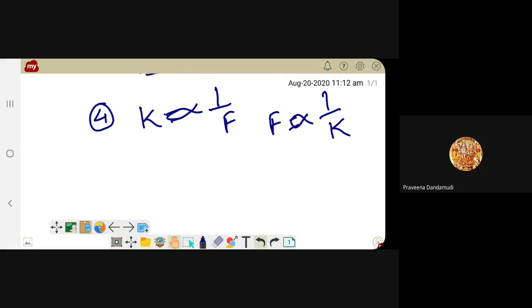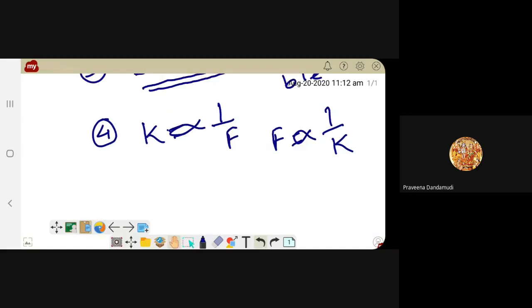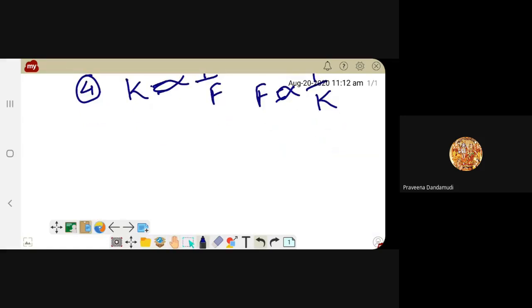Then we'll take the definition. Okay, take down the definition. What exactly is the definition of flexibility?